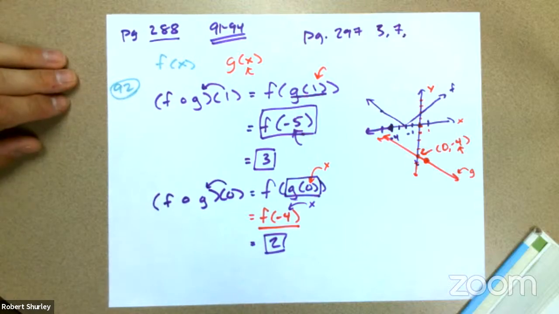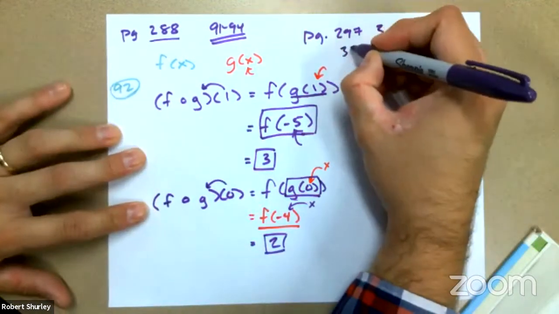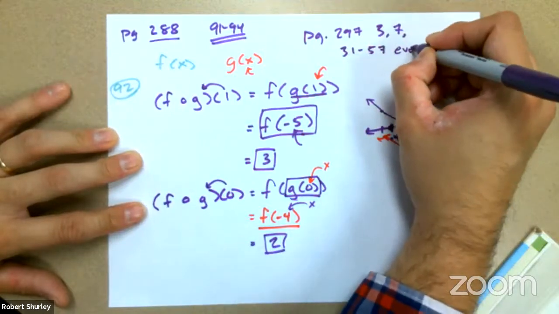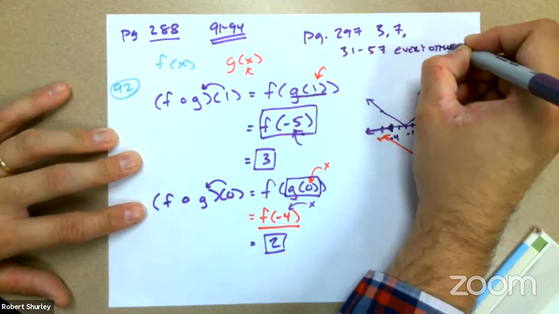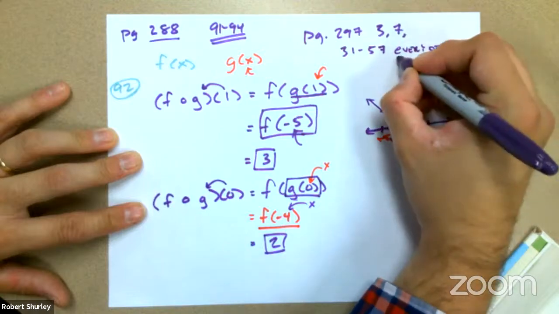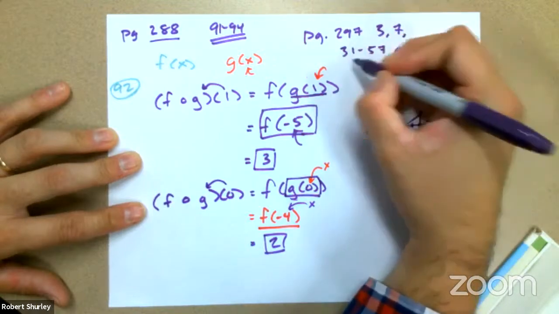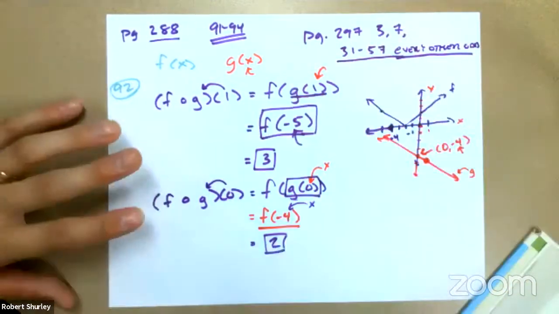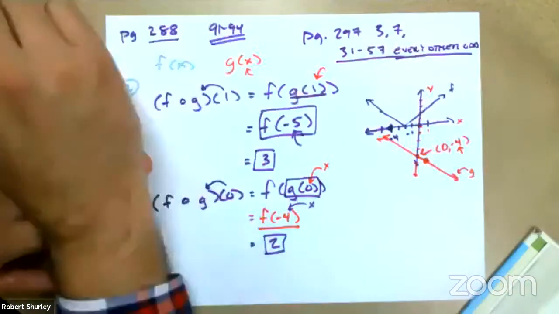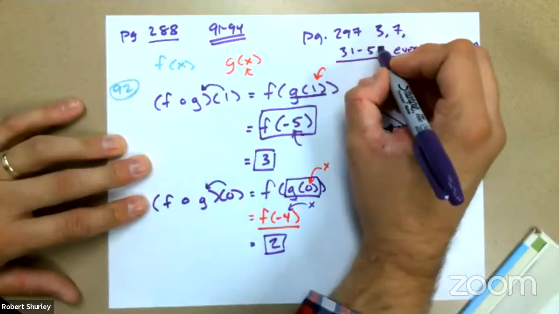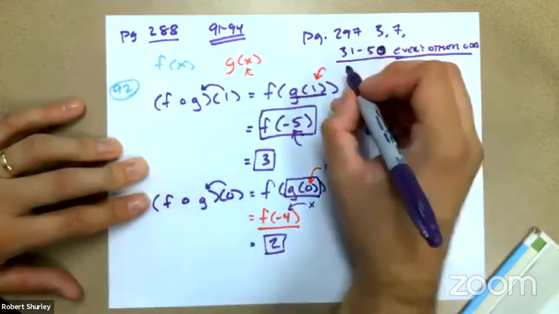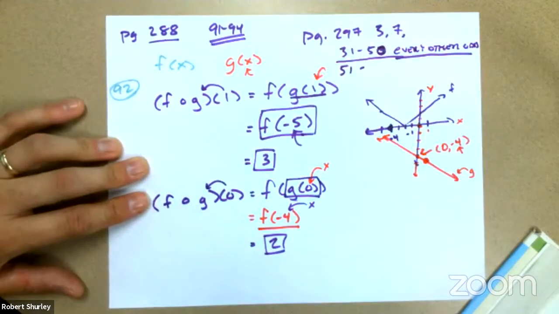You don't have to do all those. Do every other odd. Once you understand the concept, you can go on.